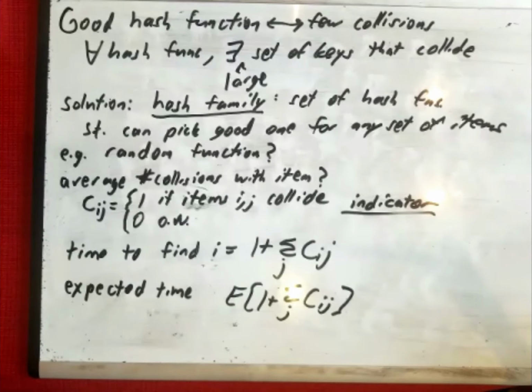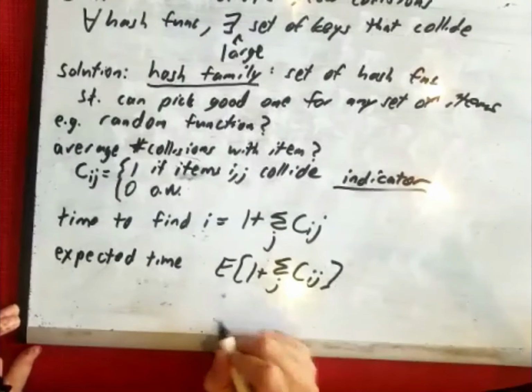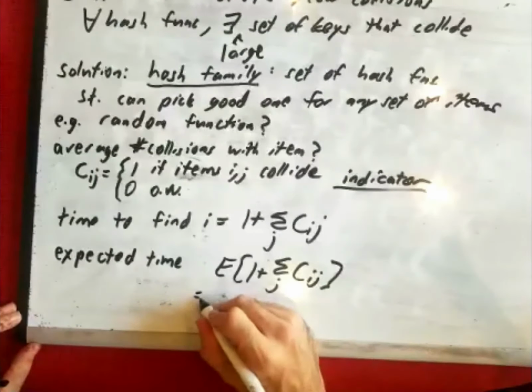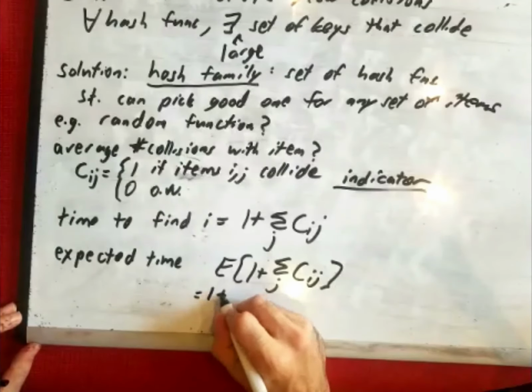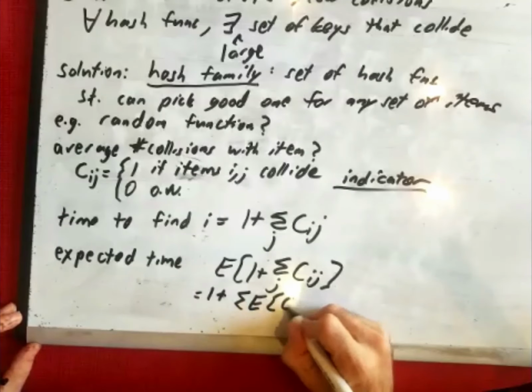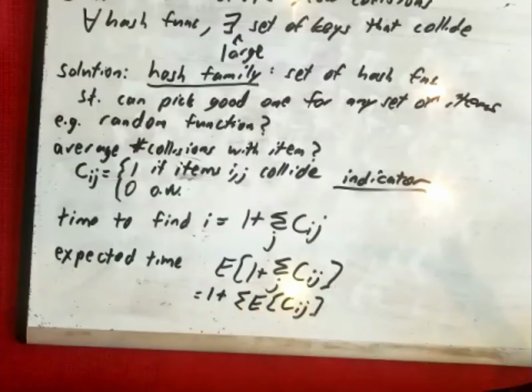Okay. How do I evaluate this expectation? Or how do I simplify it? Linearity. Right. So I claim this is equal to 1 plus the sum of the expectation of the Cij's.